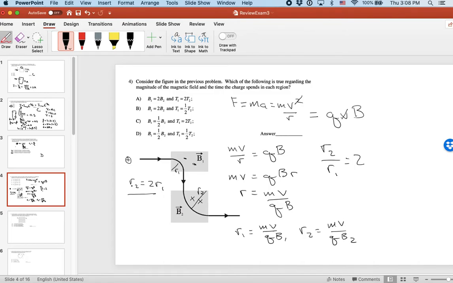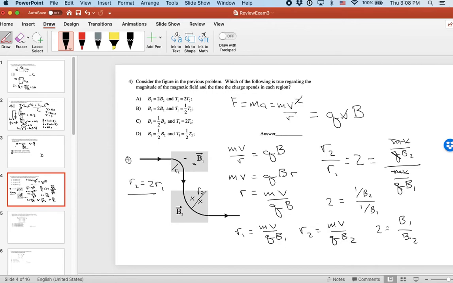So I can plug in for my r's: r2 is mv over qB2, and r1 is mv over qB1. My mv's cancel because they're the same for each, and my q's cancel. So I have 2 is equal to 1 over B2 over 1 over B1. I can flip my fractions, so 2 is equal to B1 over B2.